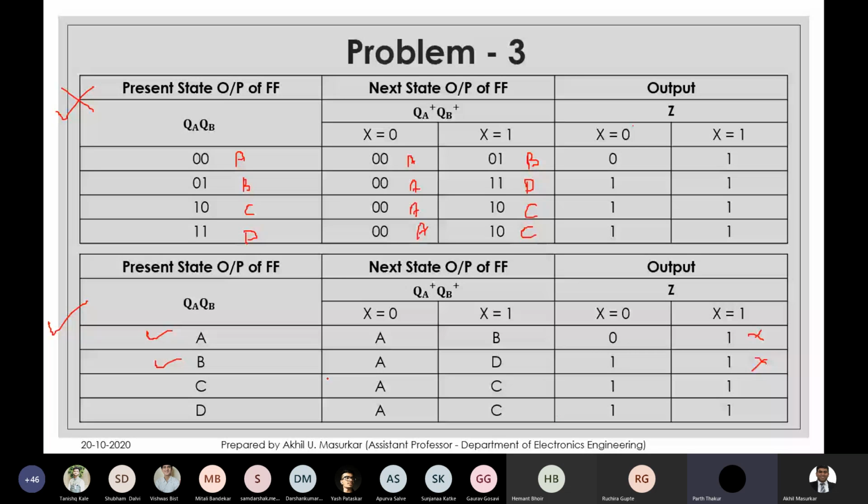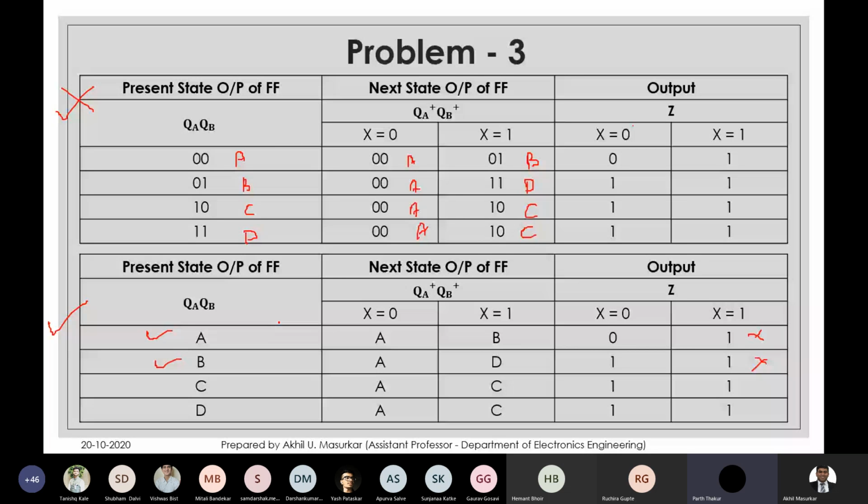Yes, sorry, sir. Okay. Now can you tell me whether state A is equal to C? No, sir. Why? Output for A is 0, 1 and that of C is 1 and 1.